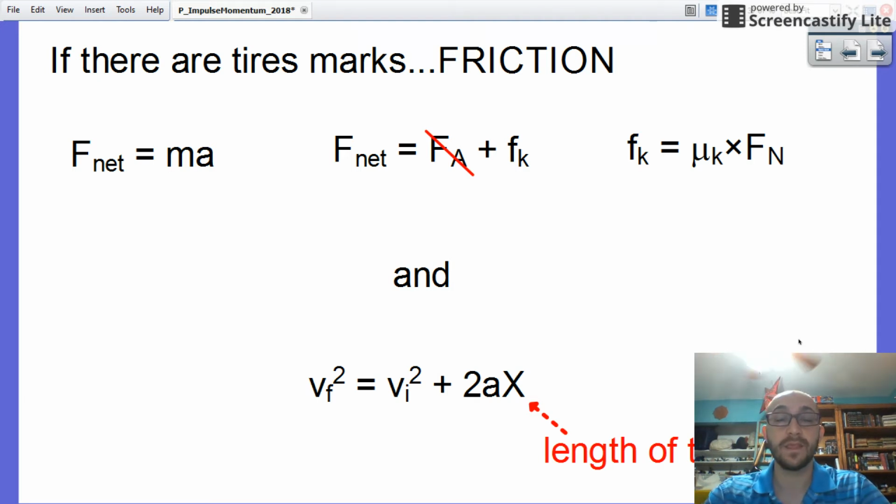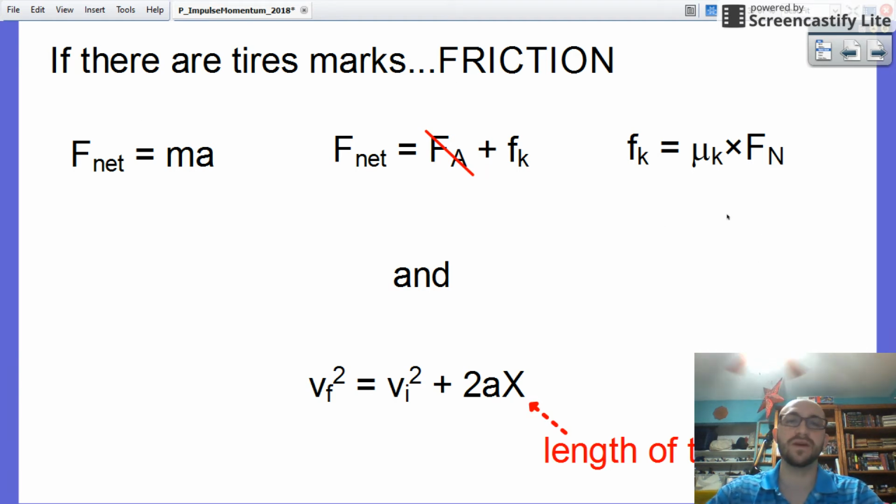So hopefully you remember these 3 equations. Net force equals mass times acceleration. Net force is applied force plus friction force, except there is no applied force when you're braking, so F net is just friction force. And friction force equals coefficient of friction times normal force, where again, normal force is the mass of the car times 9.8.